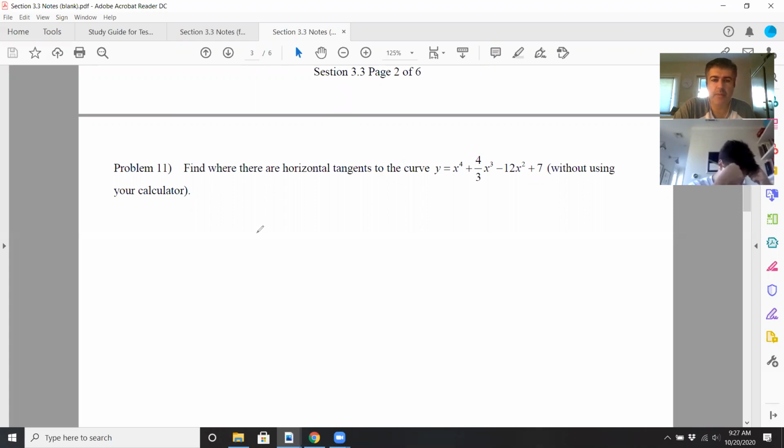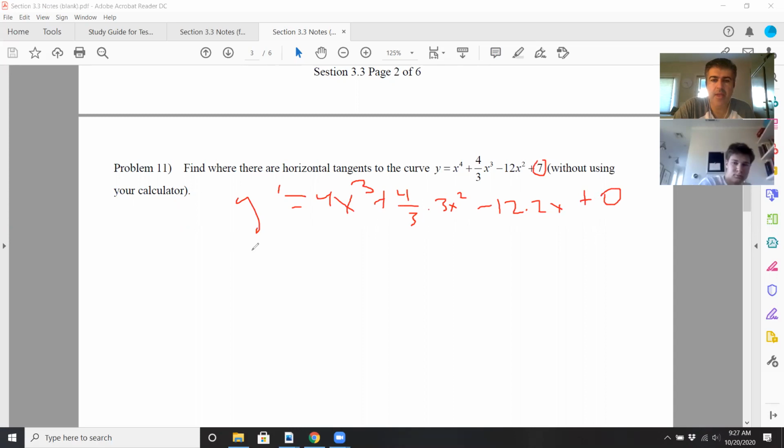Let's do y prime equals 4x cubed plus 4/3 times 3x squared minus 12 times 2x plus 0. Remember, the constants are 0. And you want a horizontal tangent, so it means you want y prime to equal 0.